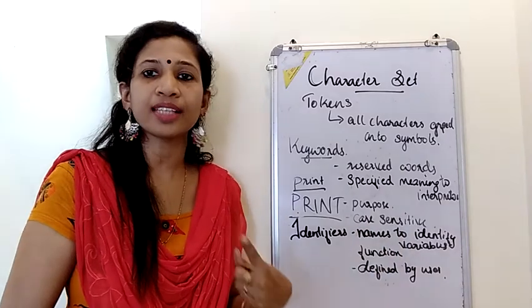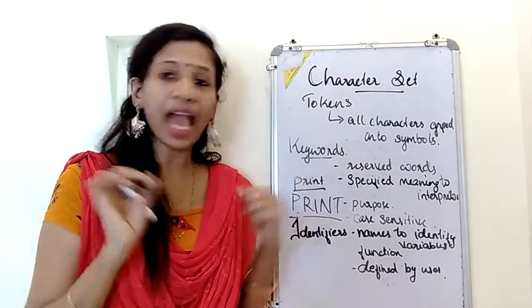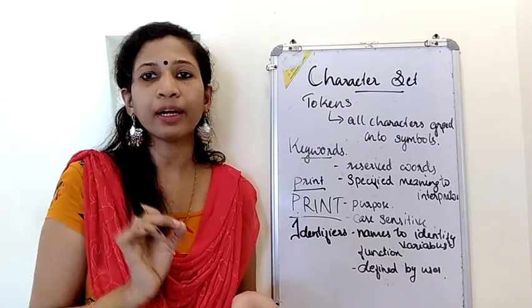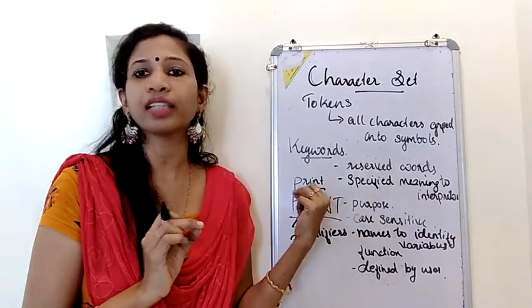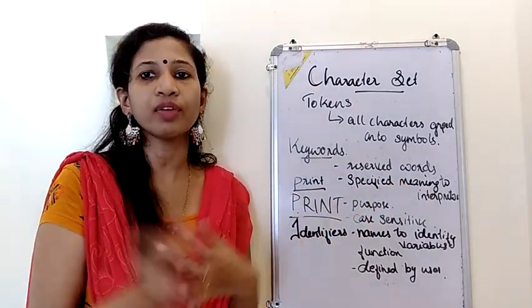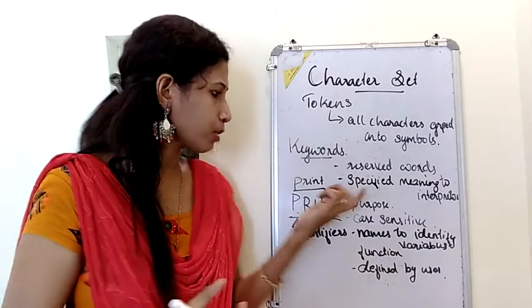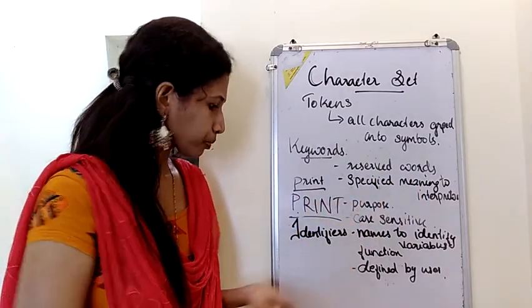So keywords are case sensitive, and a keyword should be given as such; only then can the interpreter assign the specified meaning to that keyword. These are reserved words which cannot be used for naming or any other purpose in the program.